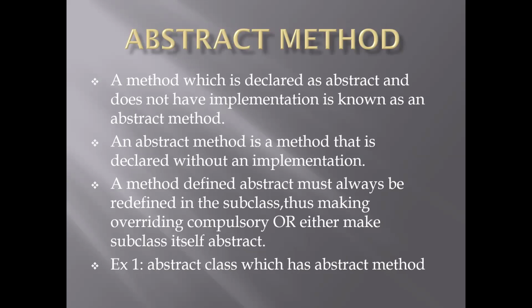A method which is abstract must always be redefined in the subclass, so it will finally have the implementation in this subclass. That's the theory part. We are done with it, and now let's jump to the code to see examples.